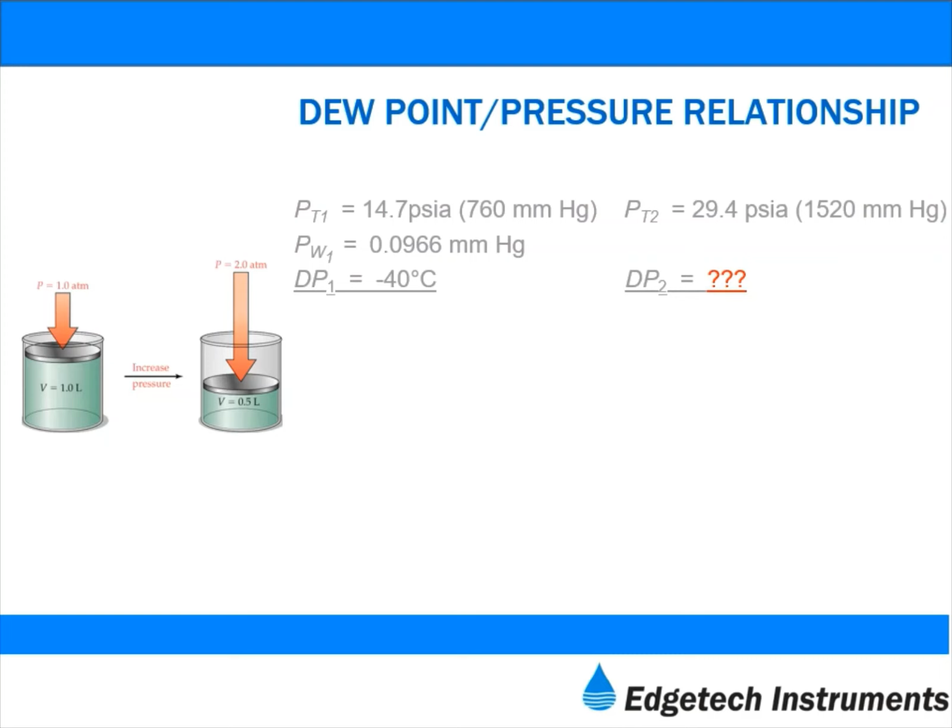Okay, so let's say you then take your plunger and you plunge it down and you raise the pressure to 2 atmospheres, which is 29.4 psia or 1520 millimeters of mercury. The question is, how does that affect the dew point? In rough terms, does it go up? Does it go down? Does it stay the same?